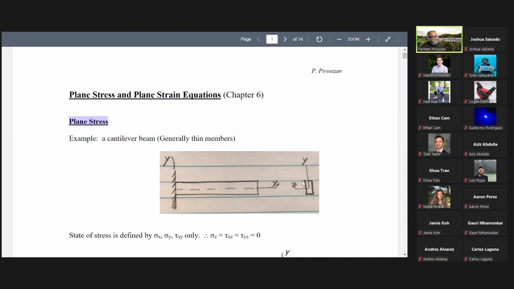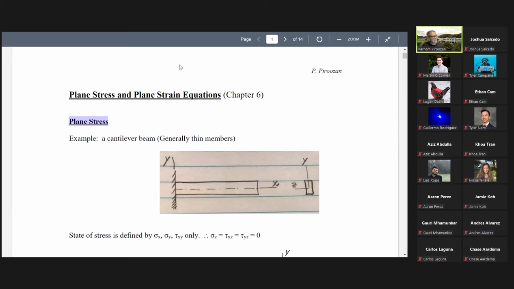The assumption is that these are thin. The thickness, which is perpendicular to the screen, is so thin that stress doesn't vary through the thickness. It is very thin, so stress doesn't change. So there is nothing happening in the Z direction. Everything is in XY plane. The load is in XY plane.